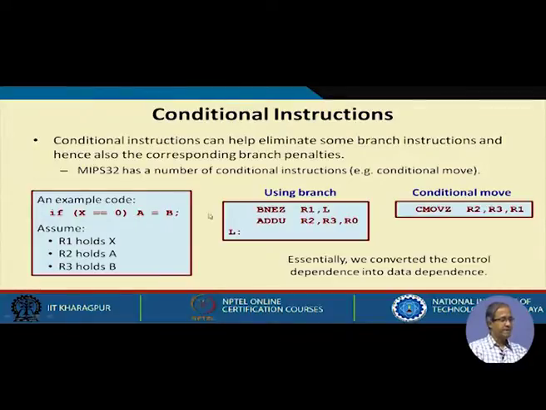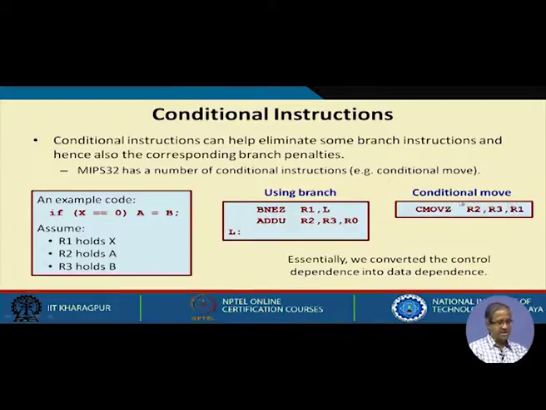Let us say register R1 holds x, R2 holds a, R3 holds b. Not the address, the values of a, b, c, let us say values. So, just using a conventional branch instruction, our program will be like this: branch if not 0, R1, you skip; if it is 0, then only you move R3 to R2, add R3 and 0, move it to R2, a equal to b.